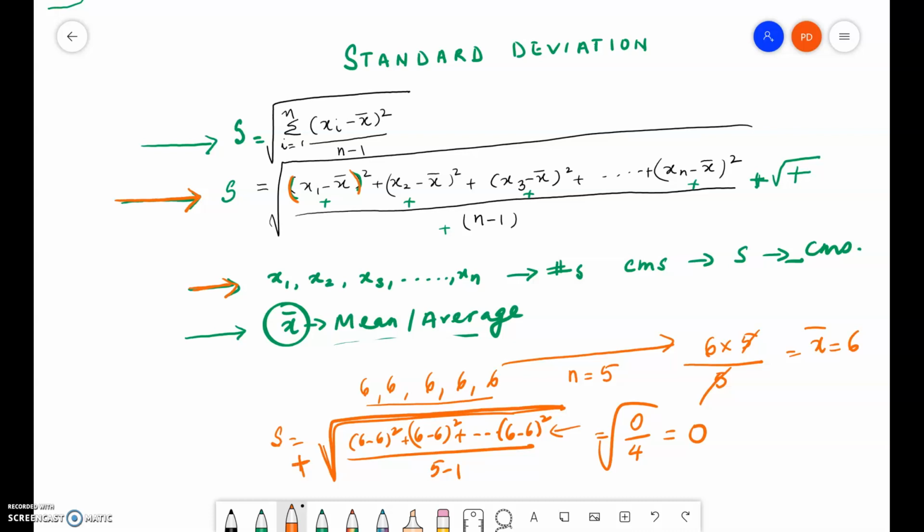It cannot be negative by definition. And I think we've already discussed units. If the unit of measurement of the variable is centimeters, then the standard deviation is in centimeters. If the unit of measurement is in feet, then standard deviation is also in feet. It has the same unit as the measurement, which is the variable.